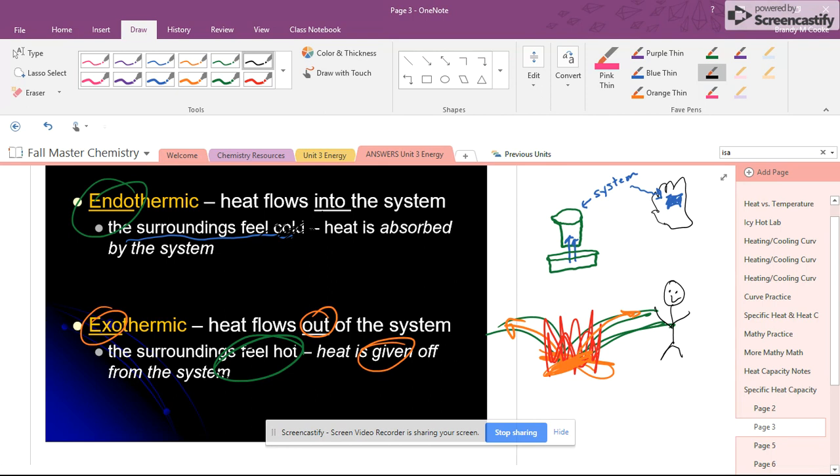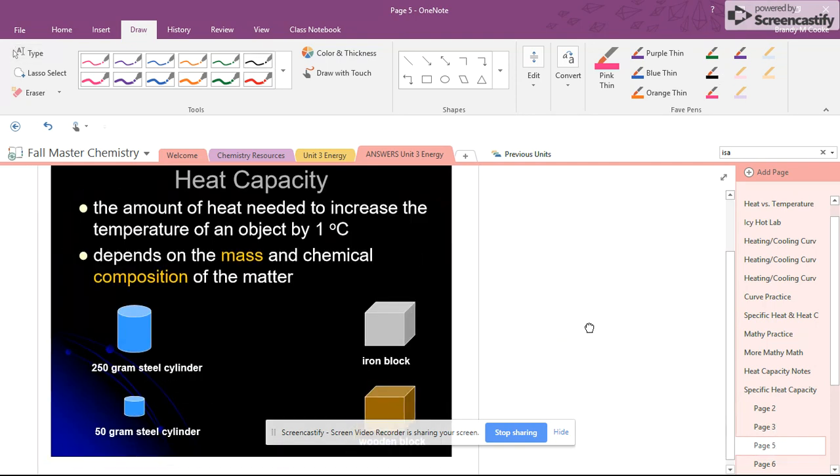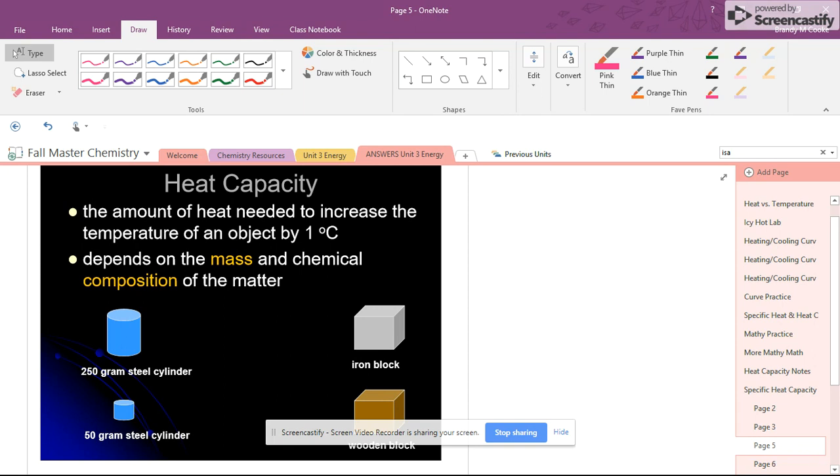The energy in my hand is going into the ice cube, and so it feels cold. So we have endothermic and exothermic, which represent the direction of the flow of heat, whether it's into or out of the system. That has to do with the calculations when we get to energy. So endothermic, exothermic.